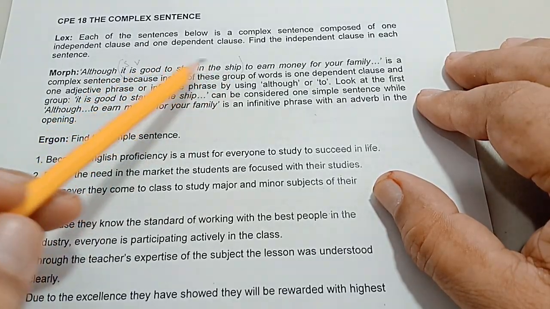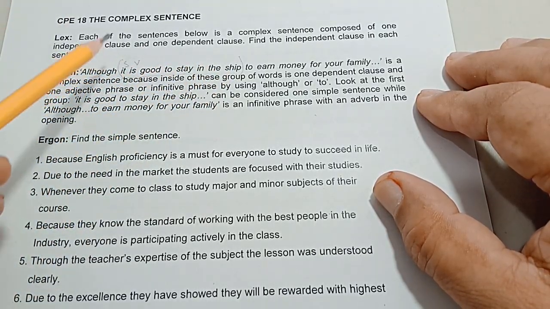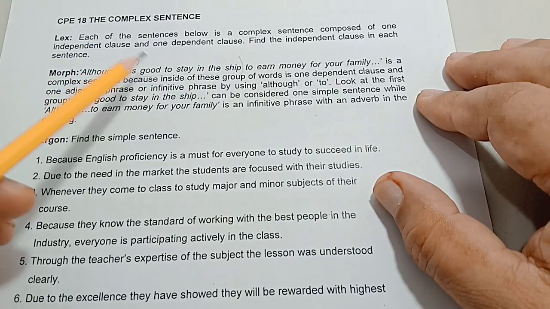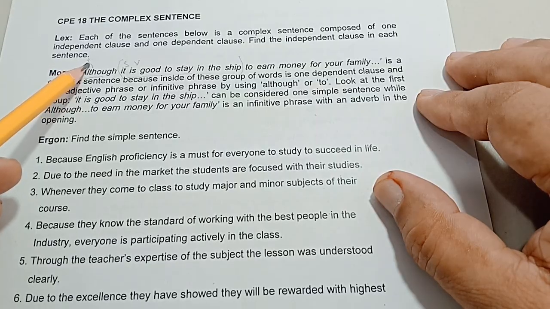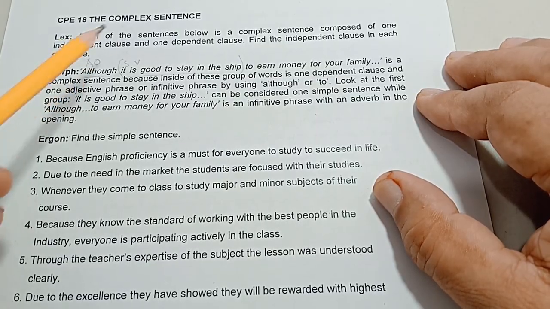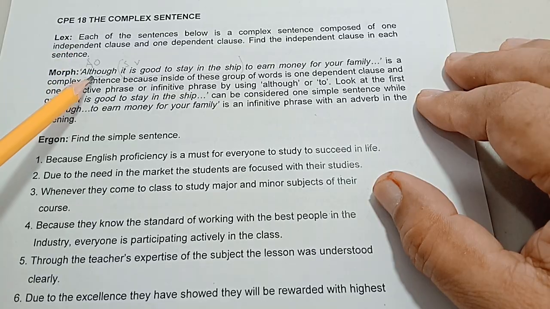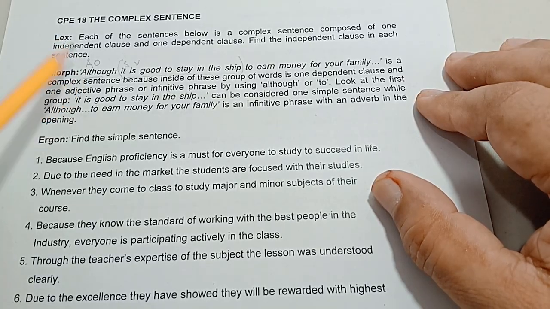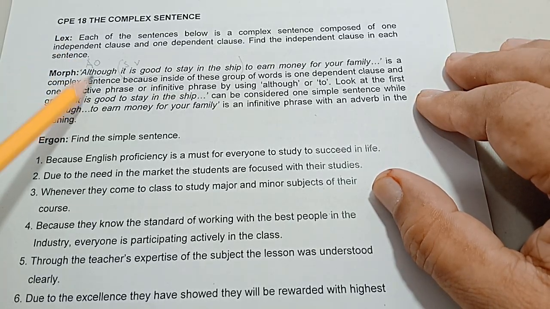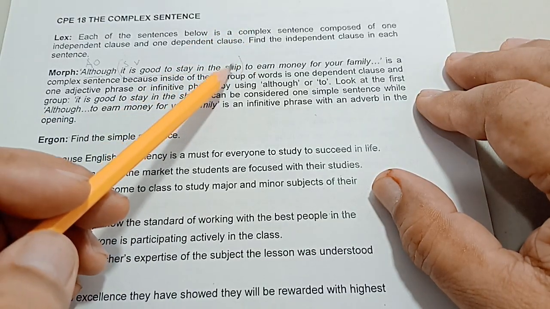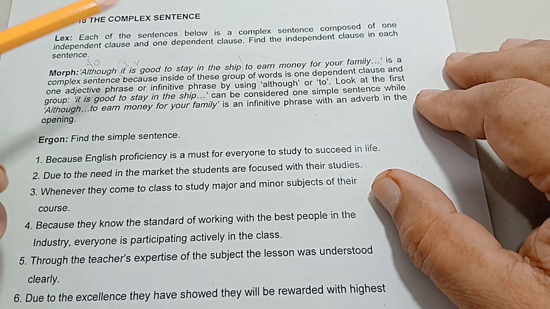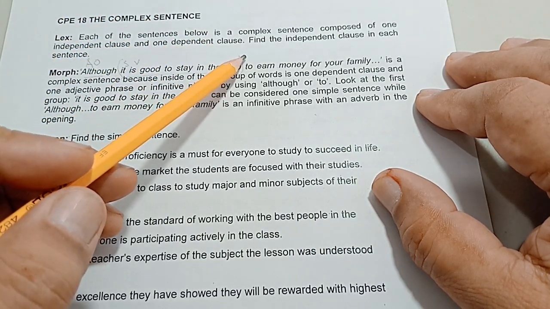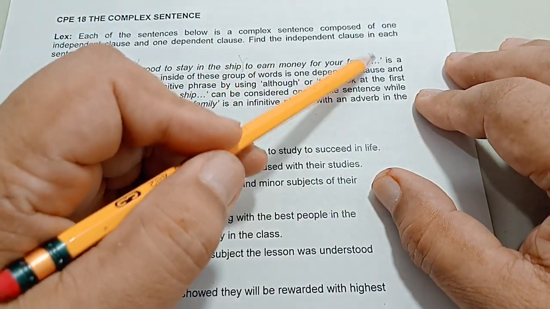Ito ay tinatawag nating simple. Okay? Pero naging complex to, why? Because yung adverbial opener, AO, adverbial opener, ay pumasok sa introductory ng sentence at pagkatapos, after the ship, meron kang tinatawag na prepositional phrase, yung to earn money for your family.